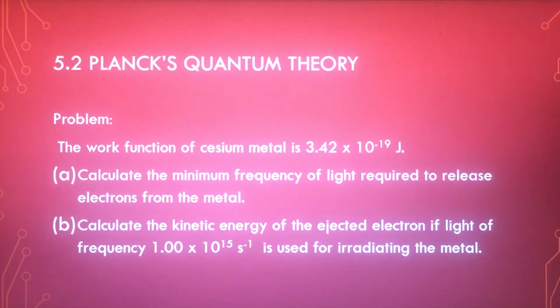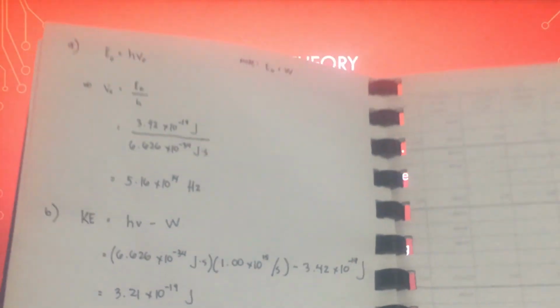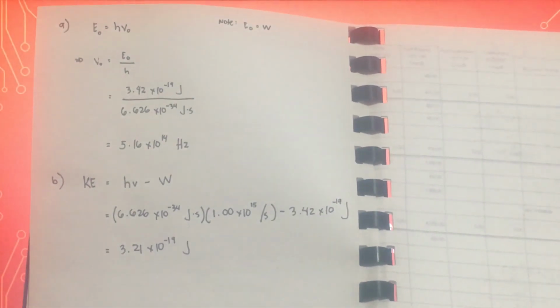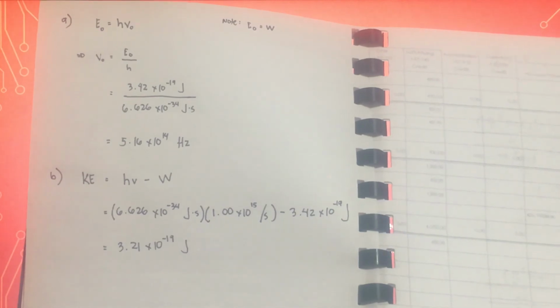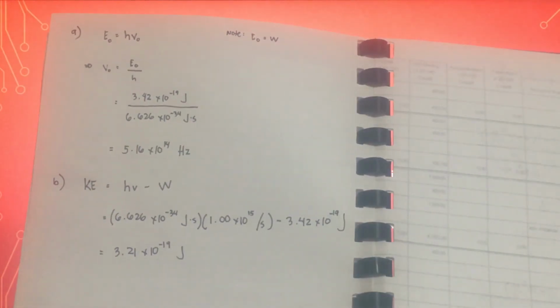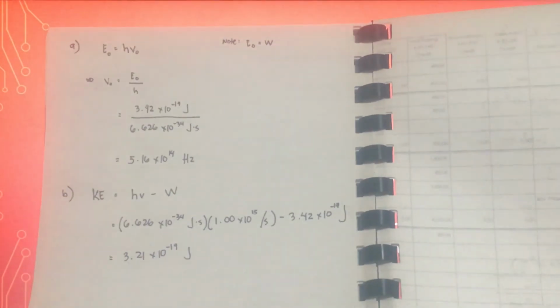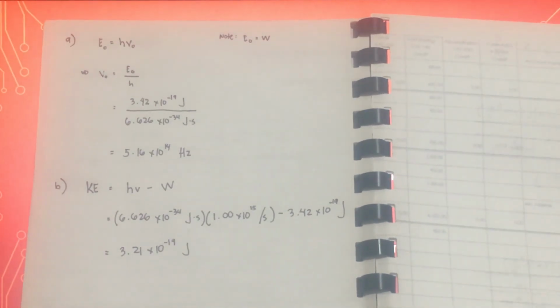Okay, so I hope this time you paused the video and tried to solve this. So this is the solution. For the first part, you're asked to find the threshold frequency.